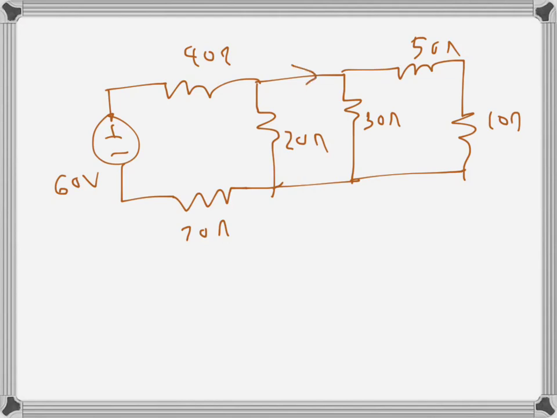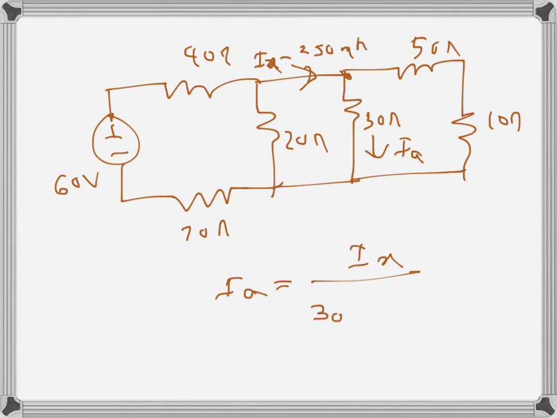Now we know this current, which is Ix, and that is 250 milliamps. We need to find Ia. So Ia will be, we apply the current divider rule again at this junction. The total current, which is Ix, divided by the sum of the two parallel branches, 30 plus 50 plus 10, times the other branch.